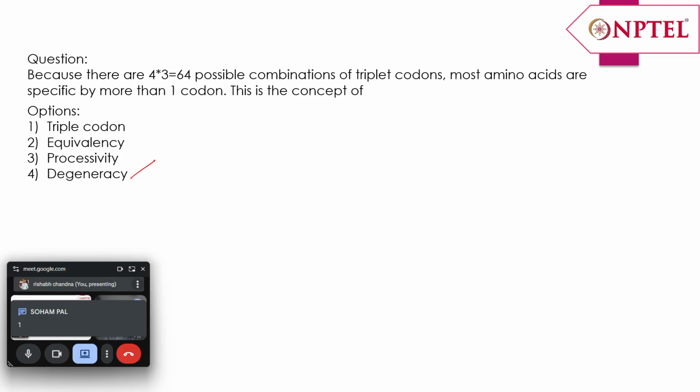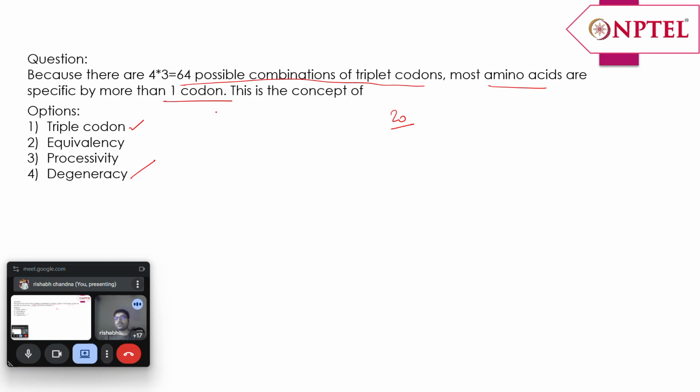Please read the question carefully. If there are 64 possible combinations of the triplet codon, because the number of amino acids is only 20, there would be cases where an amino acid can have more than one codon possible. So what is this feature of the genetic code called?